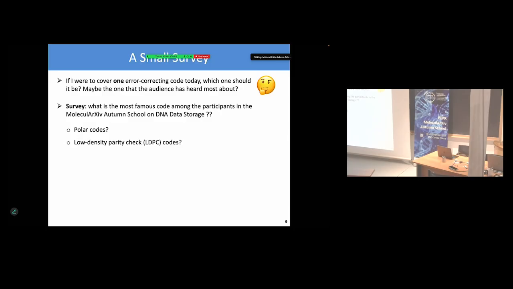How many of you have heard about Reed-Solomon codes? 18. How many of you have heard about BCH codes? 7. 7 for BCH.